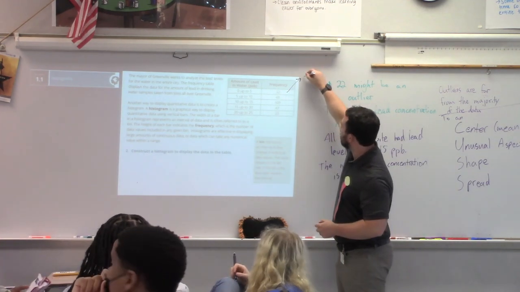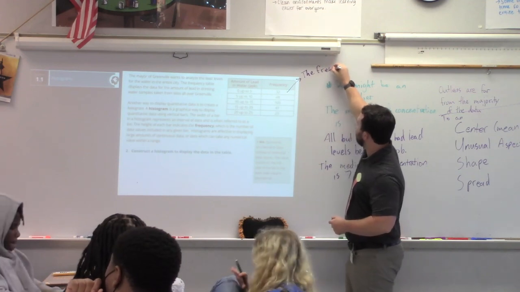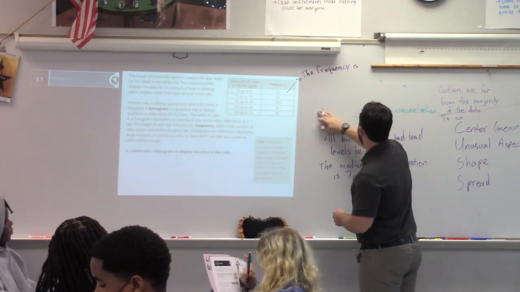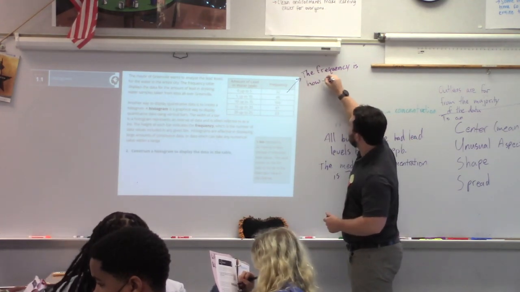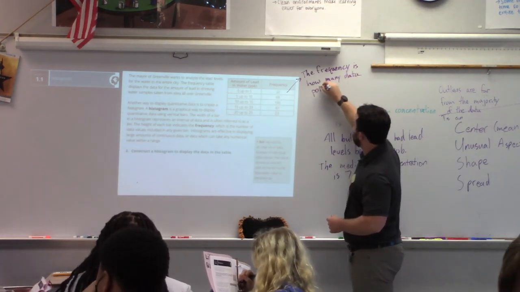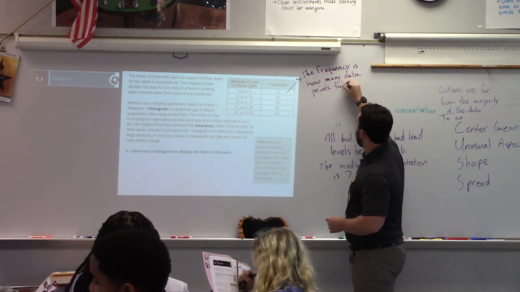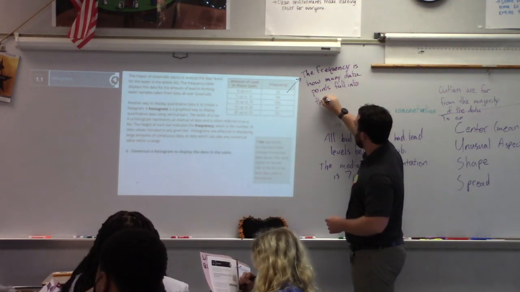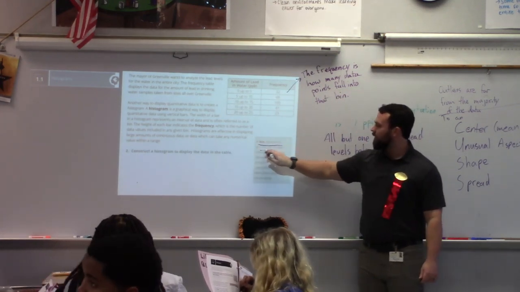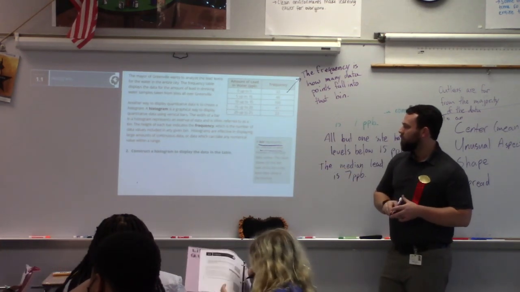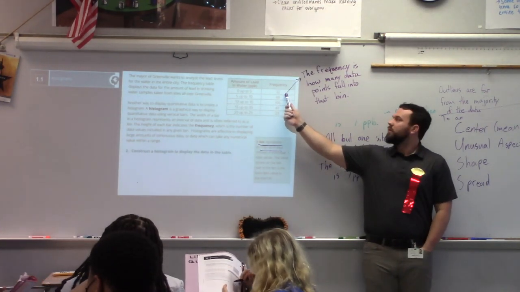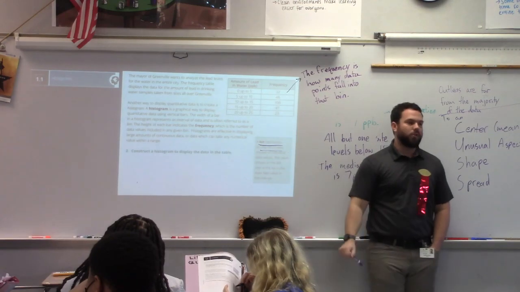The frequency is how many data points fall into that bin. Notice they define a bin right here. It's an interval of data, right? And so what we're saying is there were 32 data points that had between 0 and 5 parts per billion of lead in the water.